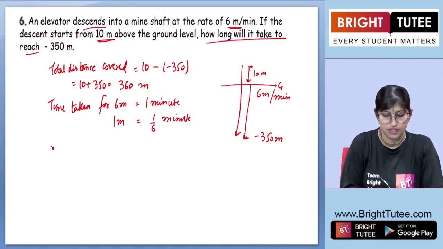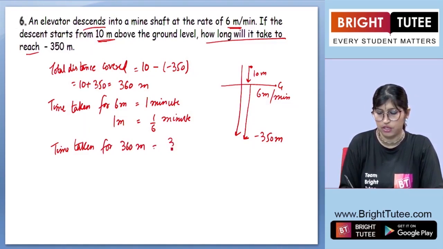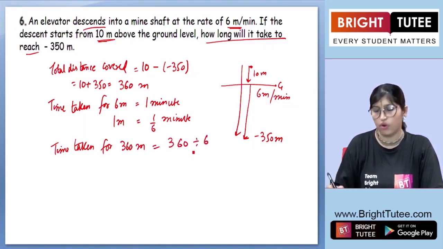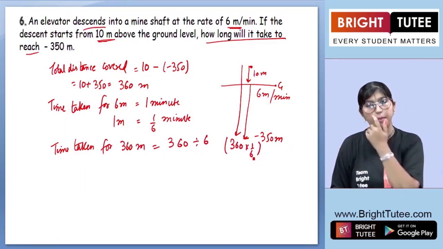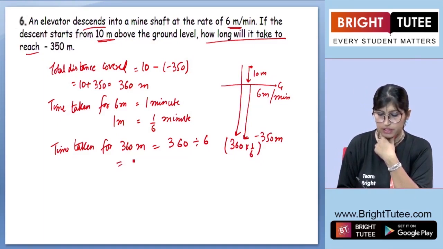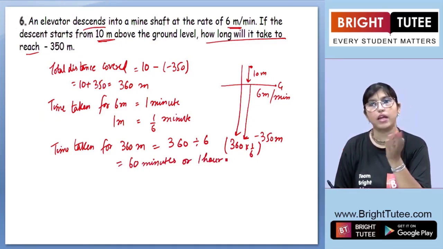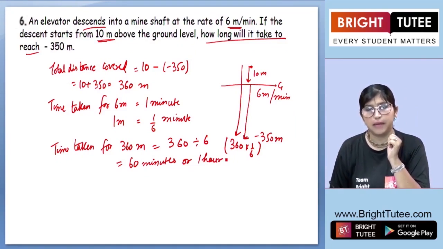That means the time taken for 360 meters will be 360 divided by 6, or we can write 360 multiplied by 1/6. So 360 divided by 6 will be 60 minutes or 1 hour, as 1 hour is equivalent to 60 minutes.